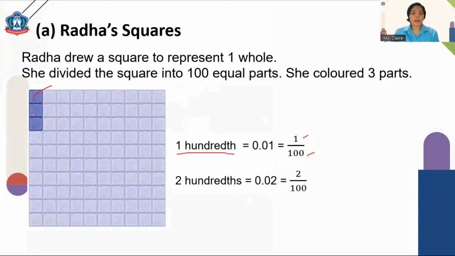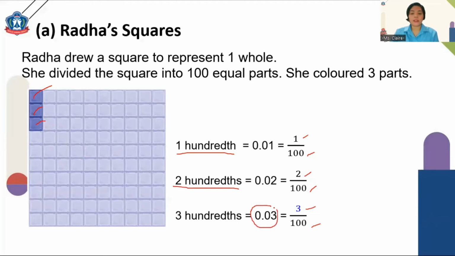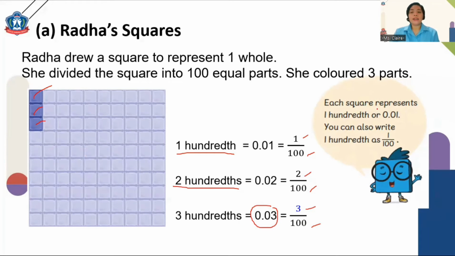If we have 2 parts already, that is 2 hundredths or 0.02, which means 2 out of 100. If we have the third one, that is called 3 hundredths or 3 out of 100, written as 0.03 as a decimal. So each square represents 1 hundredth or 0.01. You can also write that as 1/100, or 1 out of 100, as a fraction.